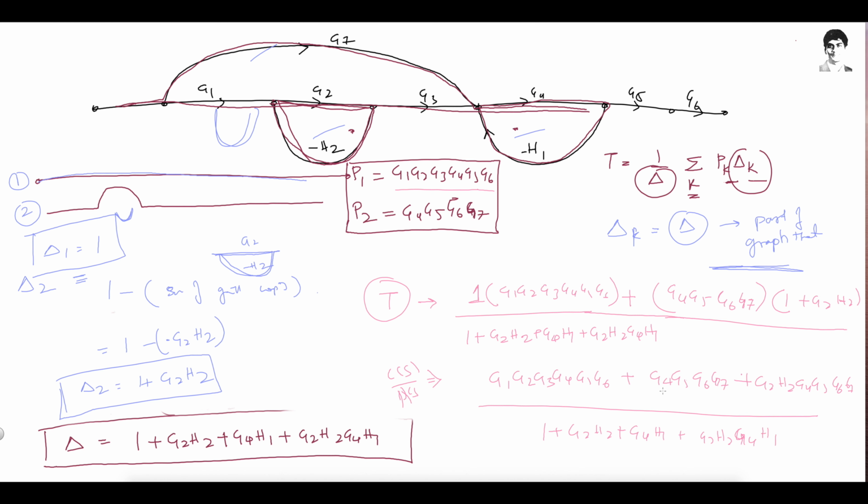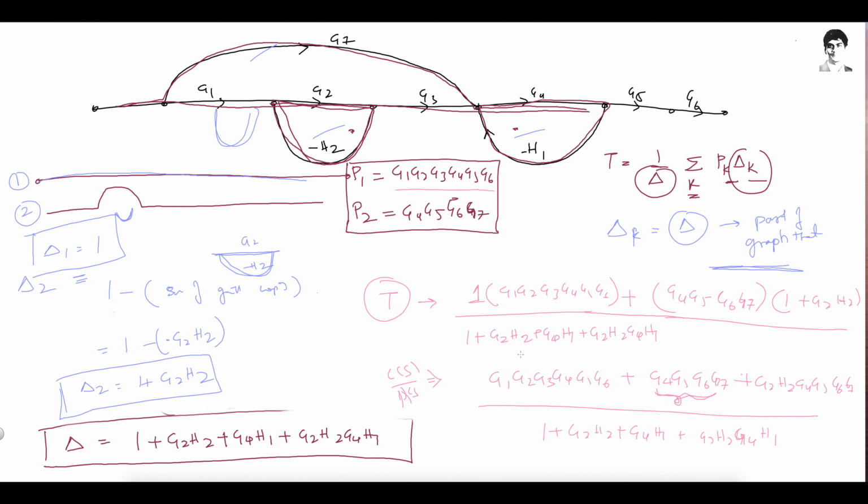If you want, you can take out G4, G5, G6 common here and then write it down. So yeah, this is how we find out the transfer function from a signal flow graph.